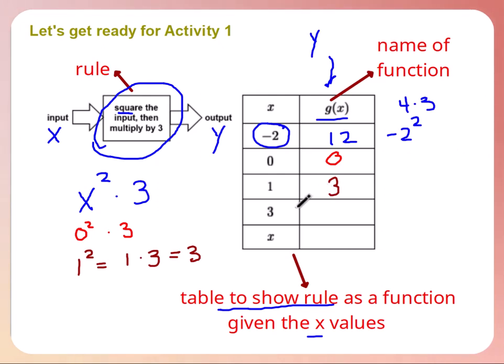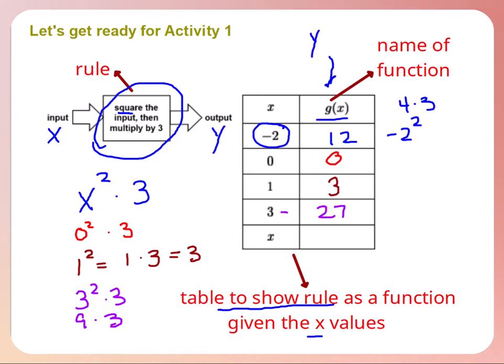All right, moving down to 3. We're going to take that x value, our input, and square it. And then we're going to multiply by 3. So 3 squared is 9. 9 times 3 is 27.